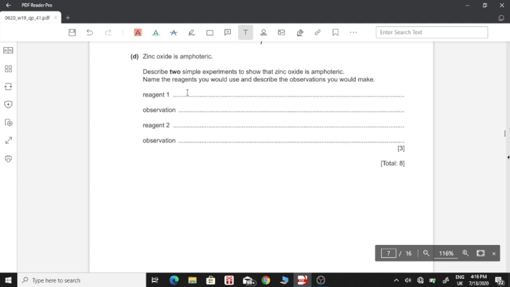So we're supposed to name the acids and alkali which we'll be using in the form of reagents over here. So we add sodium hydroxide and zinc oxide dissolves, or it reacts.